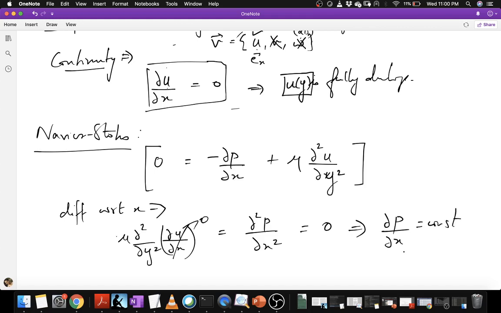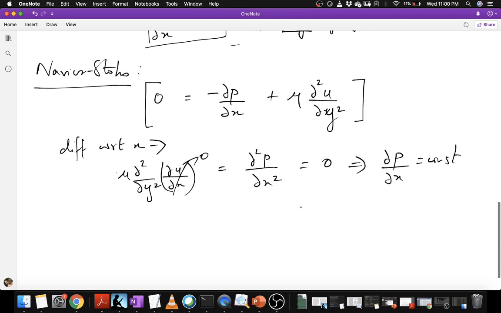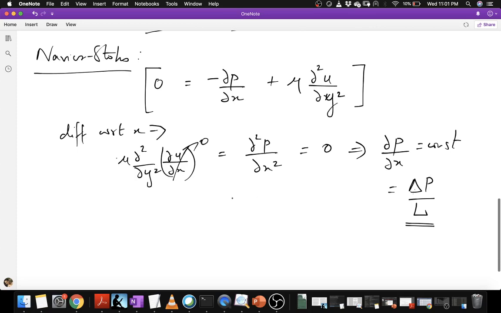So I can replace dou p by dou x directly by the applied pressure gradient, delta p over the length L, because I know that the local gradient everywhere is a constant. I can just replace it by P in minus P out, which is delta P across the entire channel, divided by the length of the channel. This is effectively by integrating this equation.